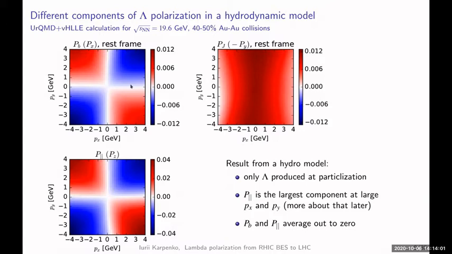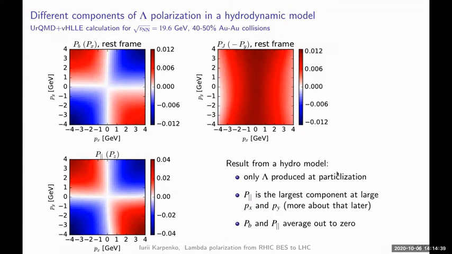And you see that those two components basically have a quadrupole structure. Of course, much more on that later, but for now, it's just a quadrupole structure, which still averages out to zero if you look at the global polarization, right? So then the only component which does not average out to zero is the one on the right. That's the PJ, or basically a component which is directed perpendicular to the reaction plane, so along the angular momentum of the system.